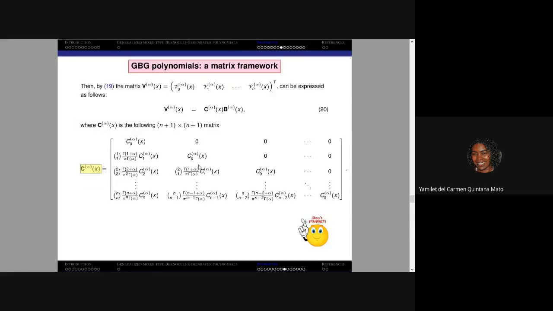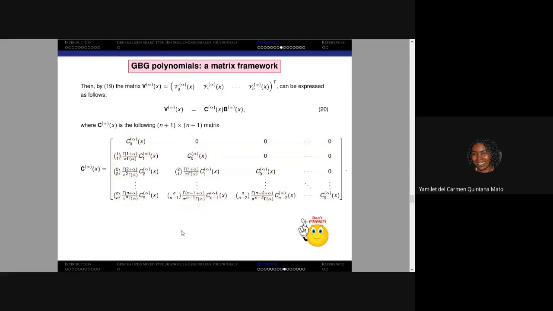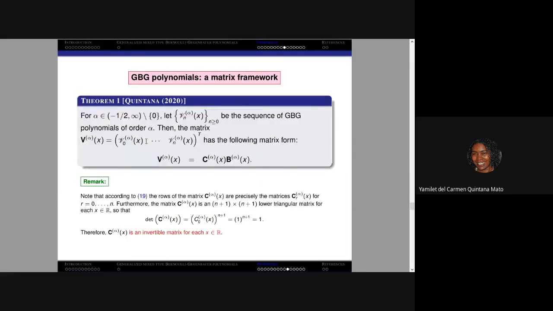Cn has a special property. This matrix is a triangular matrix with the property that the diagonal corresponds to the monic Gegenbauer polynomial of degree one.